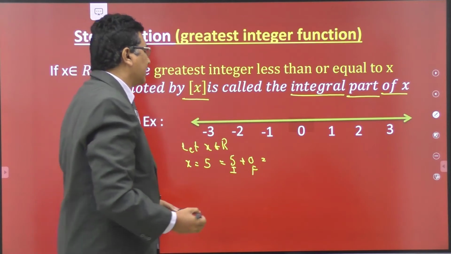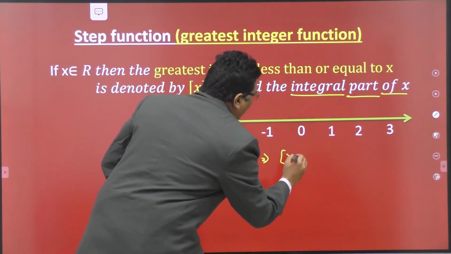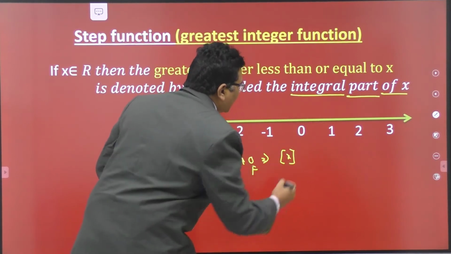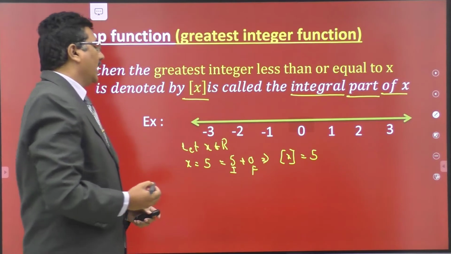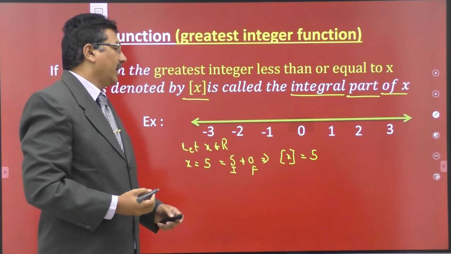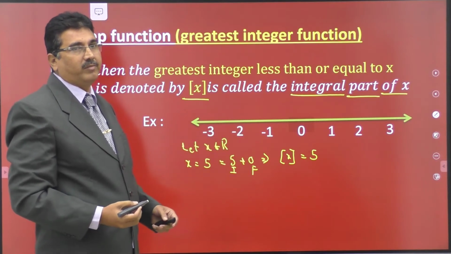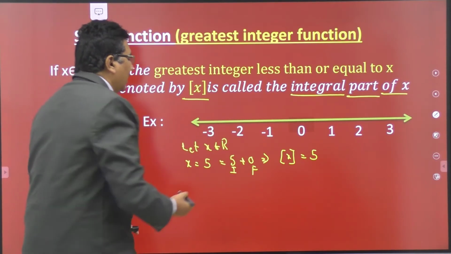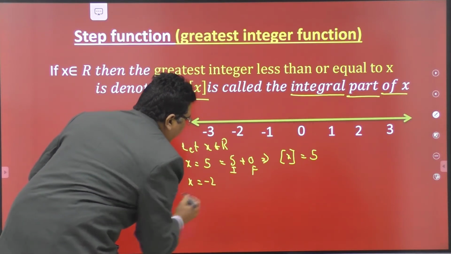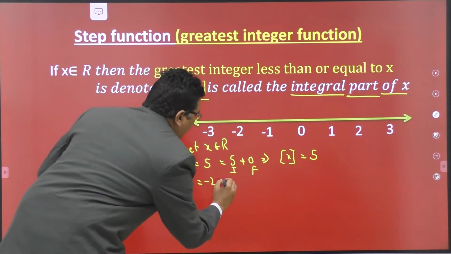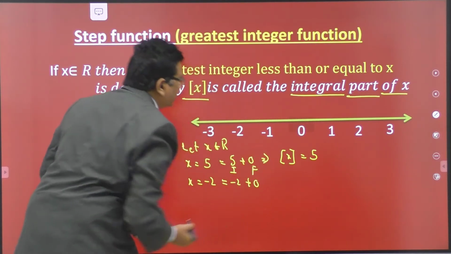Box denotes the integral part of any real number. In this case, box x is equal to 5. Similarly, x equal to minus 2, that is equal to minus 2 plus 0.